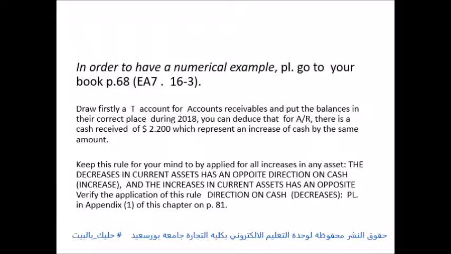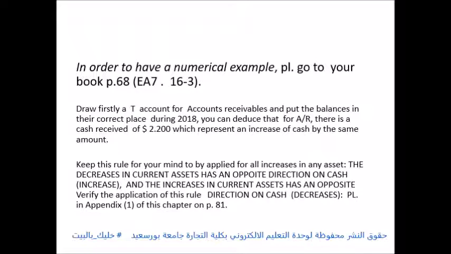Put balances in their correct place during 2018. You can deduce from them that in accounts receivable there is cash received of $2,200, which represents an increase of cash by the same amount.